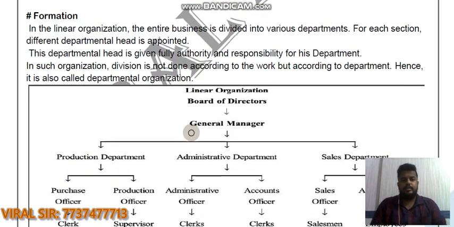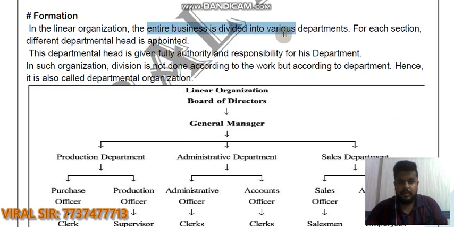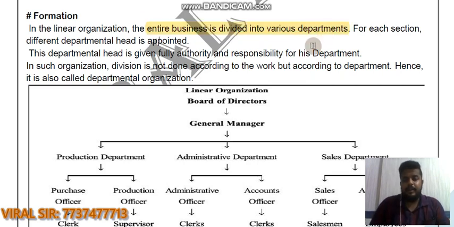In the linear organization, the entire business is divided into various departments. For each section, a different departmental head is appointed. This departmental head is given full authority and responsibility for his department.